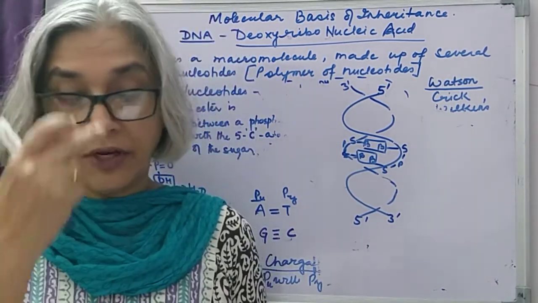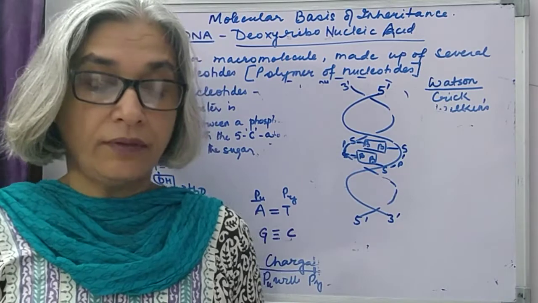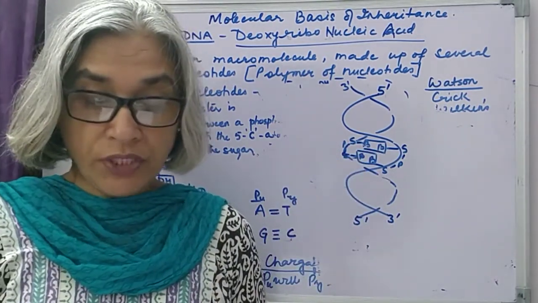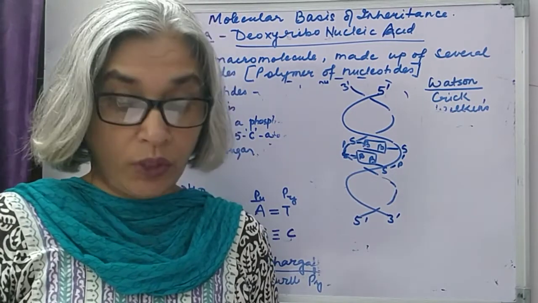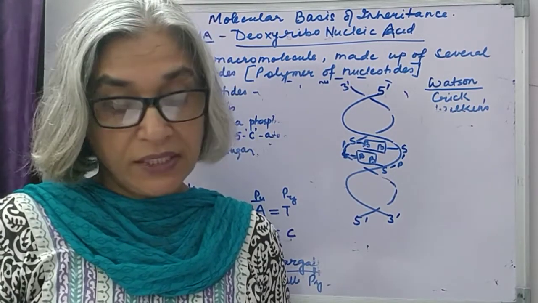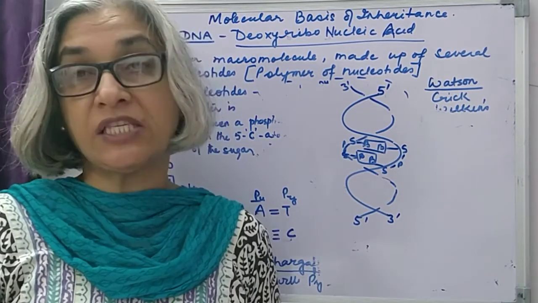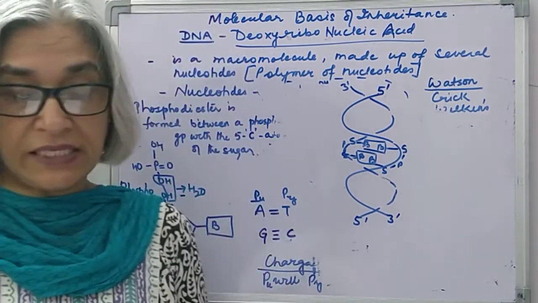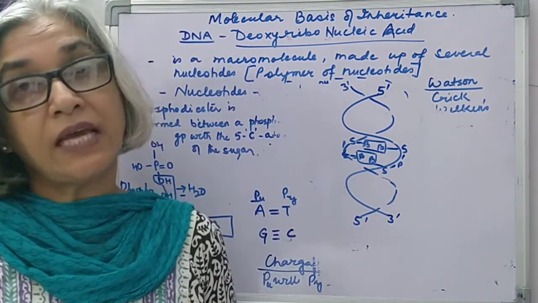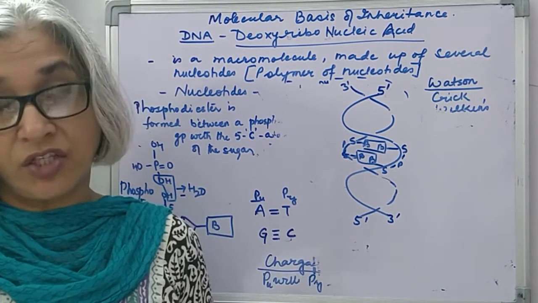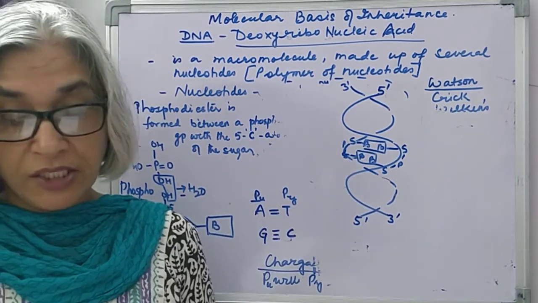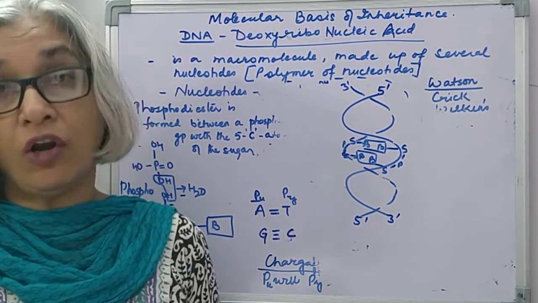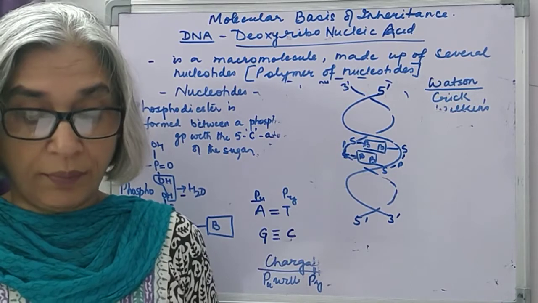The sugar phosphate units form the backbone and the nitrogenous bases form the center. Both strands are joined together by weak hydrogen bonds present between the nitrogenous bases of the two strands. Adenine pairs with thymine, cytosine pairs with guanine. This is Chargaff's rule, and such base pairing is complementary. The base pairing is always between a purine and a pyrimidine.